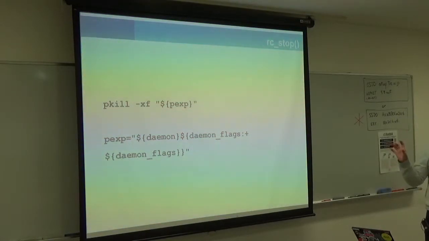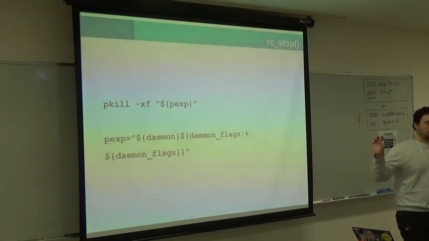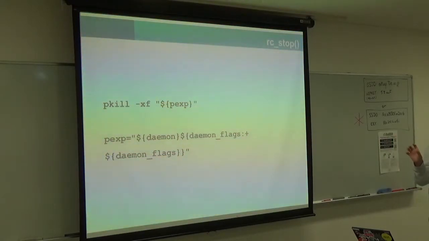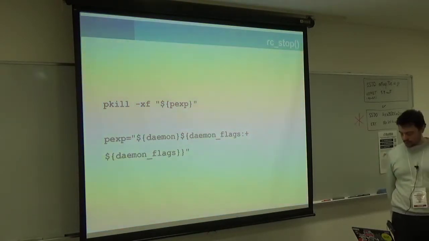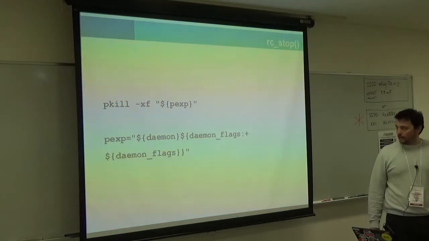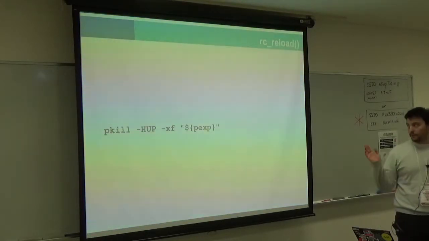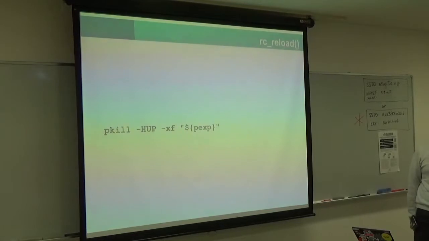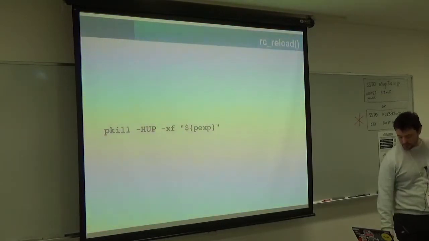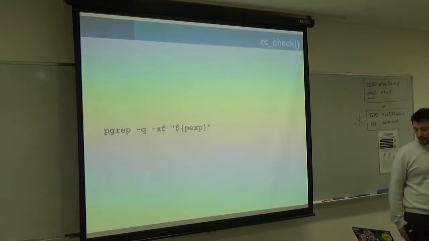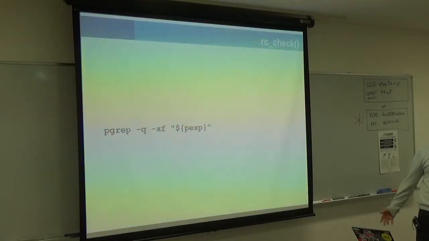And that's the line that you may want to modify from time to time in case the default doesn't correspond. For example, daemons running setproctitle will completely change the way they appear in the process list. So in this case, this will never match. So you can change that in the rc.d script. Then we have rc_reload, which will run the pkill -HUP on the process list. And rc_check, which is basically a pgrep, will return 0 if the daemon is running.